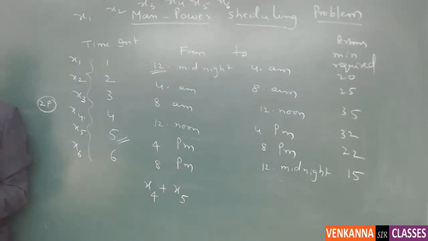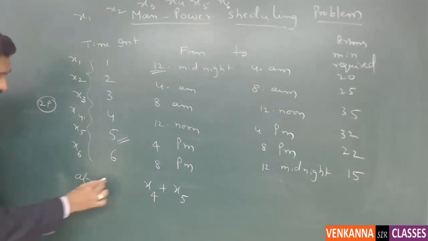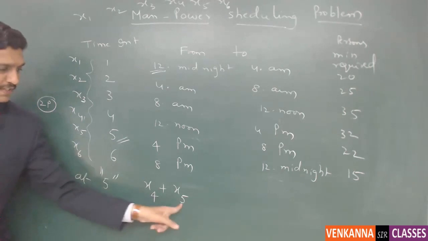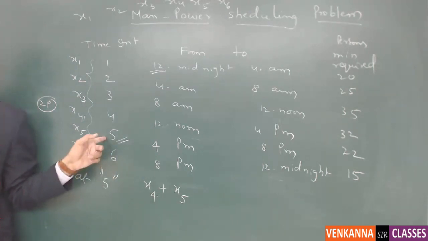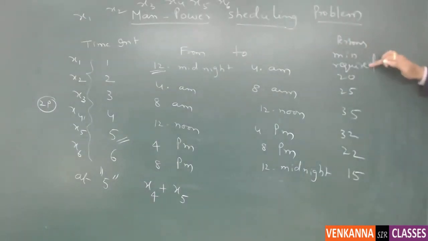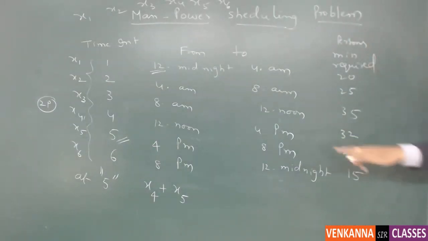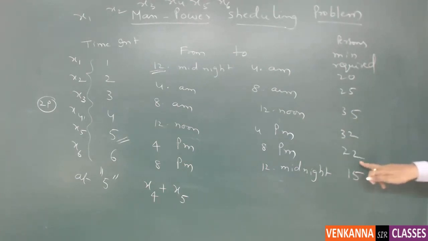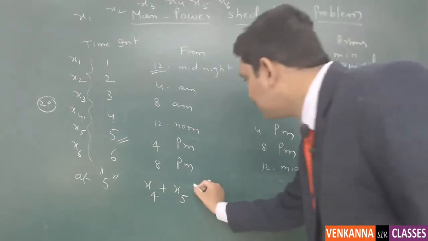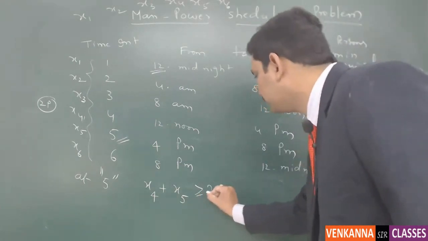So at time interval 5, these are the total number of persons working. Accepted. Now what is the constant here? The minimum number of persons required for this time slot is 22. So if you sum up the total number of persons, it must be greater than or equal to 22.